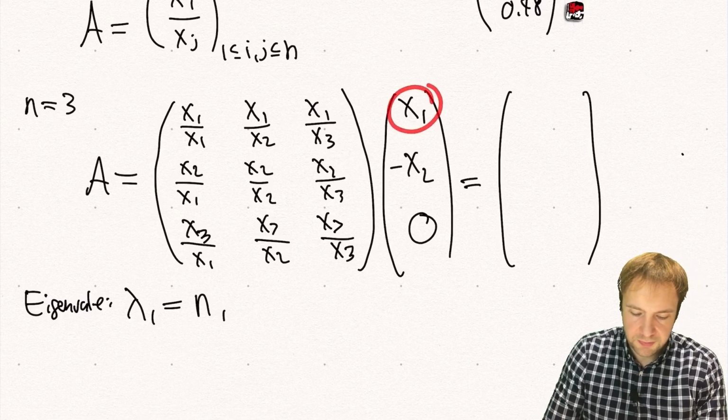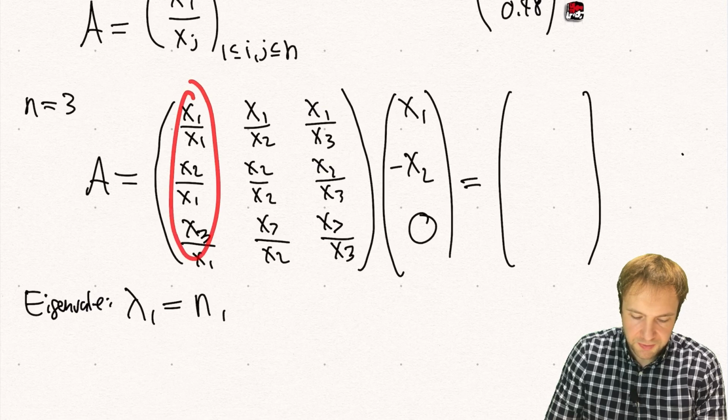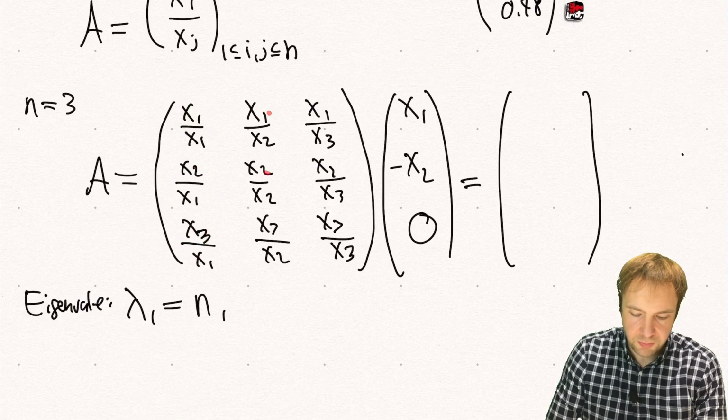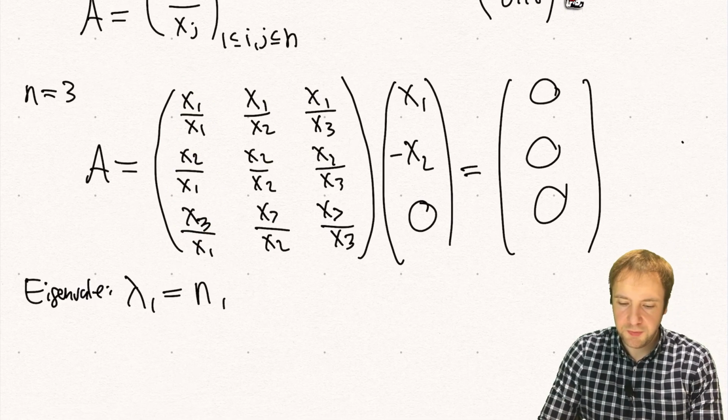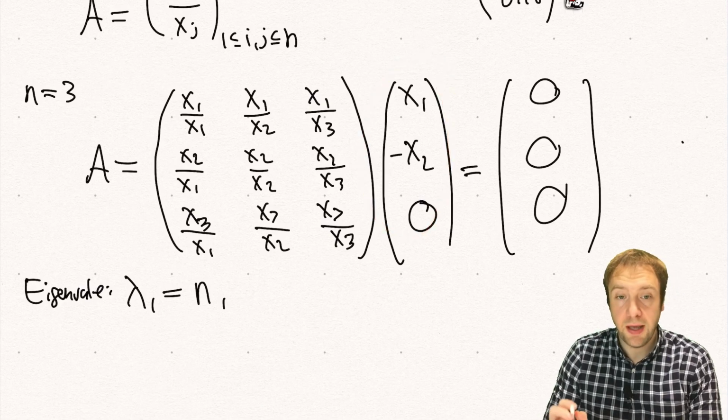Then you see that the first column always gets x, here it's x1, x2, x3, and the second is minus x1, x2, minus x3, so this gives 0. So we see that this vector here is an eigenvector with eigenvalue 0.